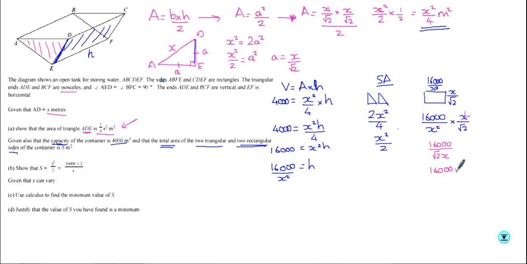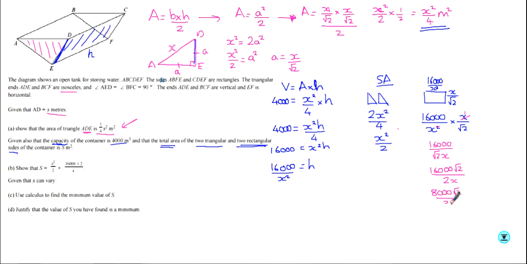We're going to have 16,000 root 2, and root 2 times root 2 is 2, so we're going to end up with 2x. Okay, and that's looking pretty good because I've got a 2 and an x here. And now we can actually half those. So let's go to 8,000. So it's 8,000 root 2 over x.